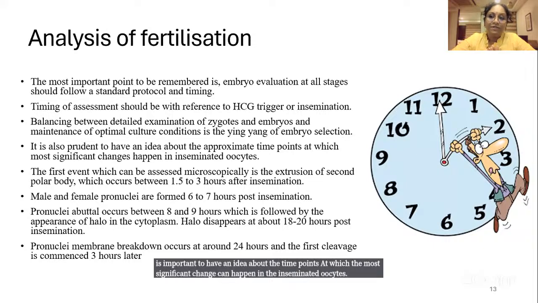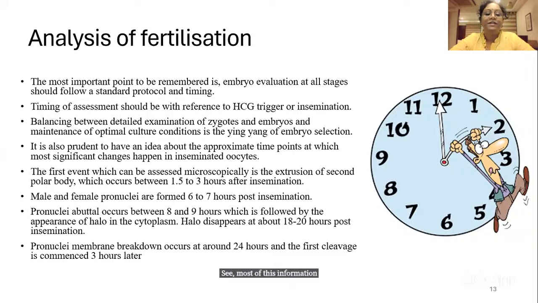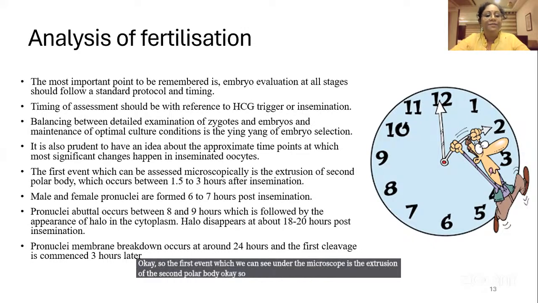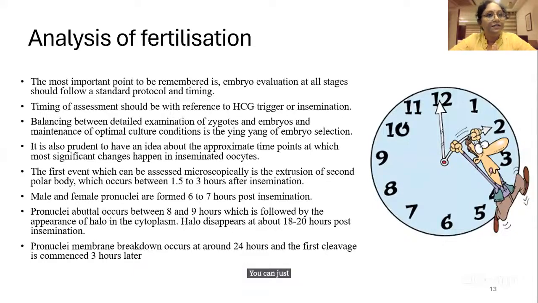Most of this information has come from time-lapse studies. The first event we can see under the microscope is the extrusion of the second polar body. The moment you finish ICSI, within 1.5 to 3 hours, you can start to see the polar body getting extruded.